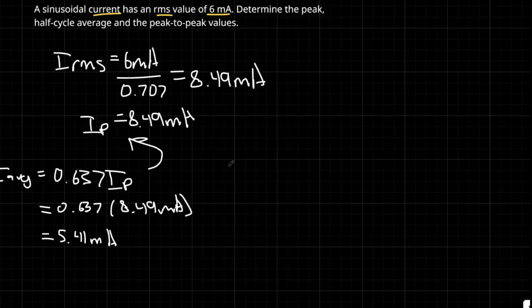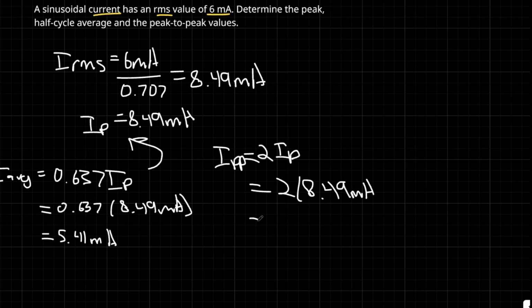And now for the peak-to-peak, as I slipped up before: peak-to-peak, if you refer back to the first question, is the peak value times 2. So this is the formula, and IPP equals 2 times 8.49 milliamps. 2 times 8 is 16, and 2 times 49 is 98, so you can always double check this answer.